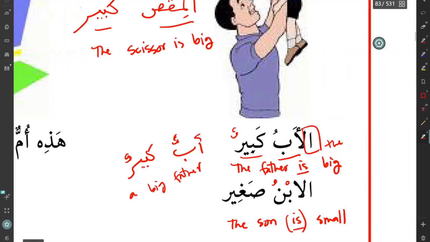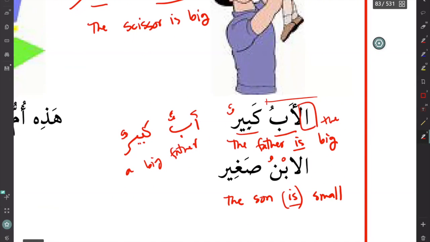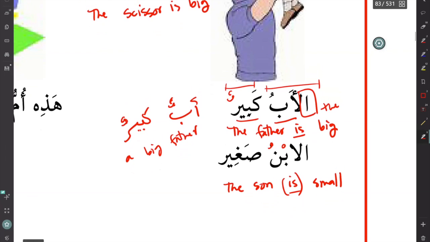You see the difference, right? The difference is if the first word is definite and the second word is indefinite, this is the normal, very simple way of making a sentence. So when the first word is definite and the second word is indefinite, then you have a sentence, right? That is the basic original situation of an Arabic simple sentence.